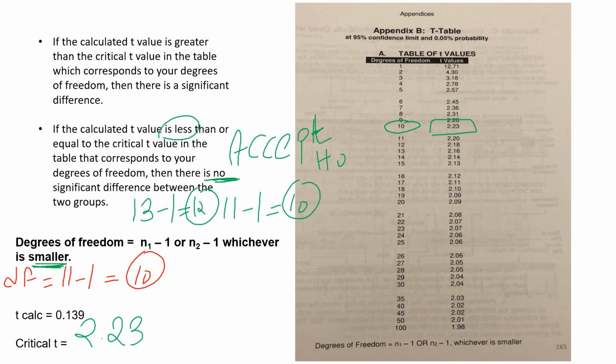And so in this scenario, we are going to accept our null hypothesis because our calculated t-value came out to be less than the critical t-value. And again, it tells us that there was no really significant difference between those two means.